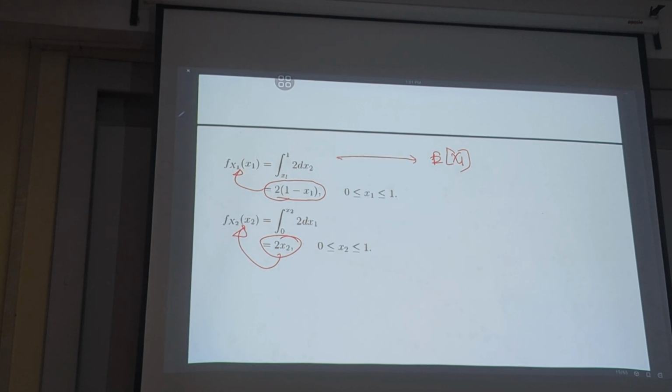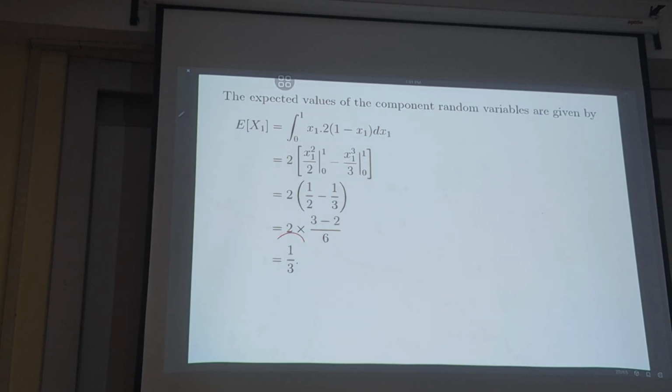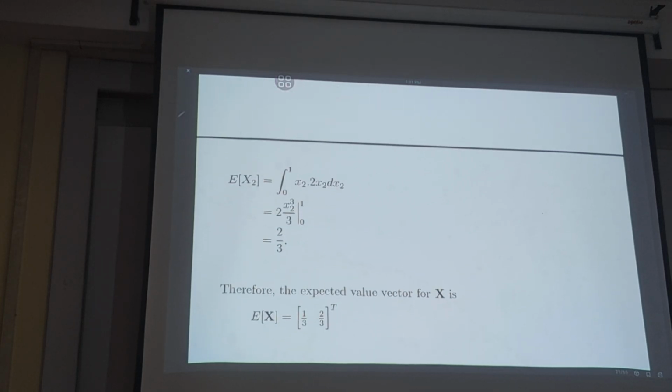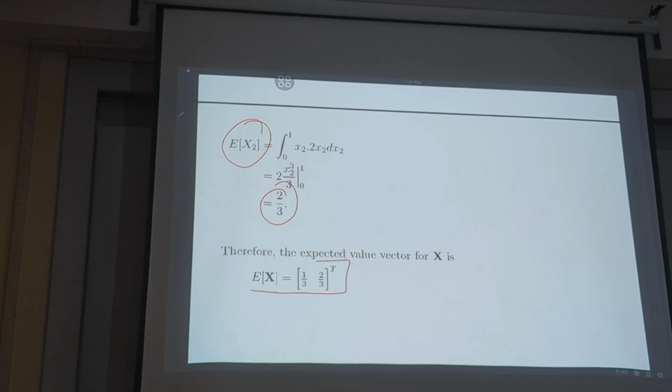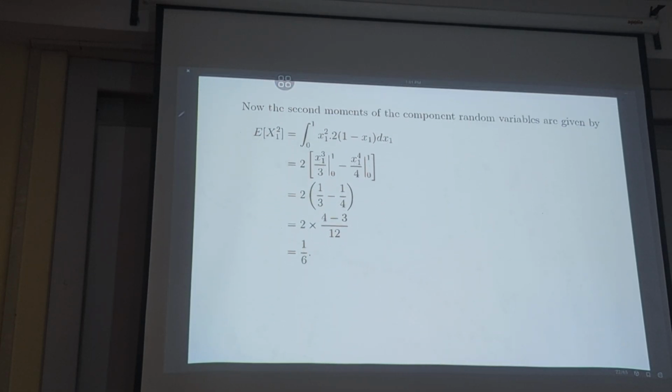From 0 to 1, x1 times 2 into 1 minus x1, and that results in 1/3. This one results in 2/3. And so the expected value vector is very simple, right? Now the second moment. Why do we need the second moment?